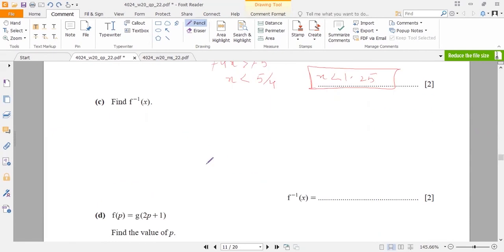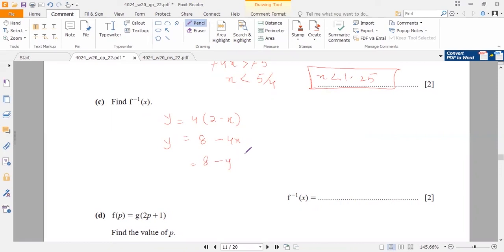Okay, now in part C, we need to find out f inverse of x. So if we say that y is equal to 4(2 - x), so 4 times 2 is 8, minus 4x equals y. Now 4x is equal to 8 minus y.